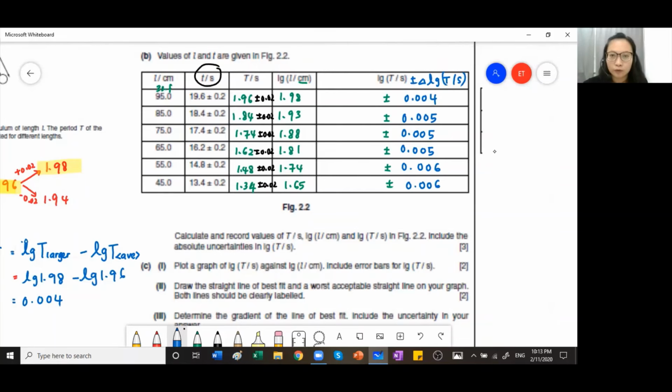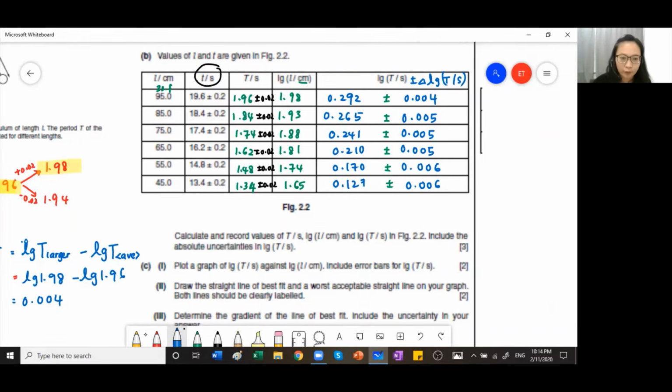So the first one I will have 0.292, second one 0.265, 0.241, 0.210, 0.170, and 0.127. So we are done with the tabulation of the table. We are filling in all the information that we need here.